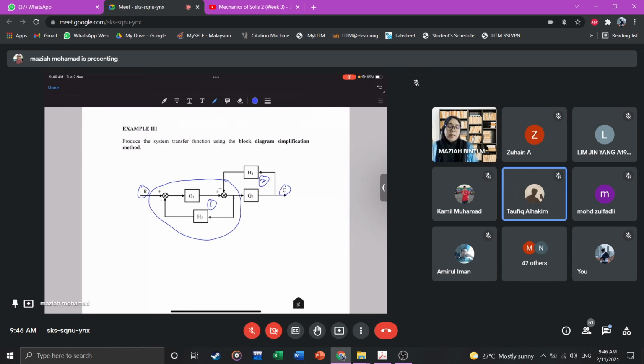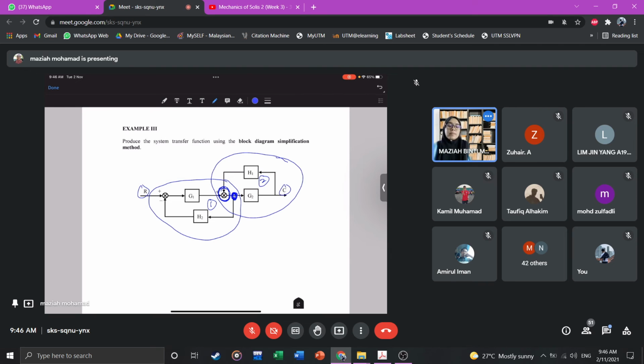Summation. Okay, yes, due to the summation point here, we cannot combine that. If we consider the second loop here, for the second loop, it is due to the pick-off point here.